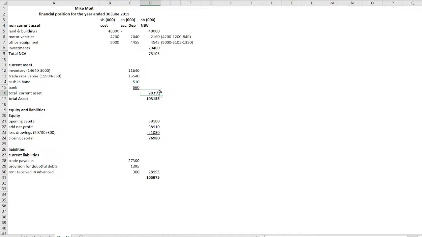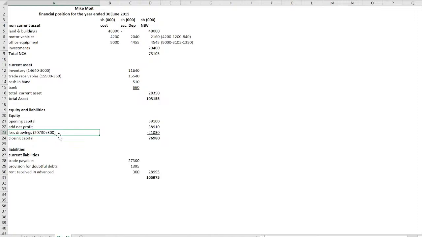So the total asset will be 103,105. Then we go to the equity, capital, and liabilities. So on our equity, the opening capital we have been told is 59,100. That is from our TB. Then we also have to add the net profit that we obtained, which was that 38,910. Then for the drawing, for the personal use, he had used 20,730, but he also used another 300.